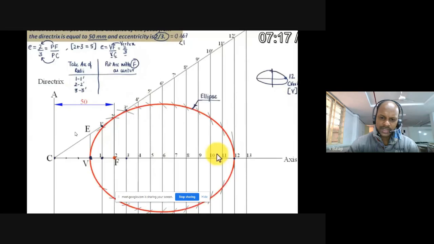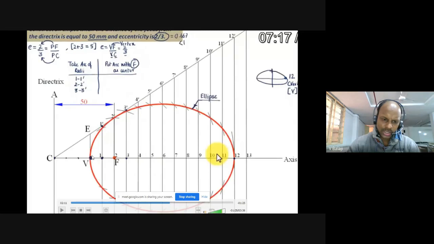Now, what happened? I have taken an HB pencil. All other lines were drawn with a 2H pencil, light, but while drawing this ellipse I need to use HB in a single stroke. Don't draw two or three times. In a single stroke, pass through the vertex.